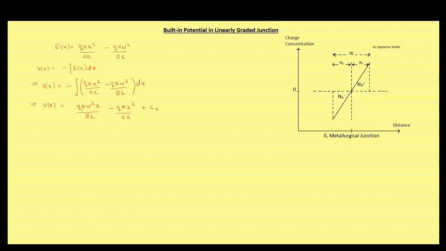As we know already that the absolute potential is not important. The important parameter is potential difference across the depletion region. Therefore, we can arbitrarily set electric potential at x equal to minus W by 2 to be equal to 0 and can find the value of C2.